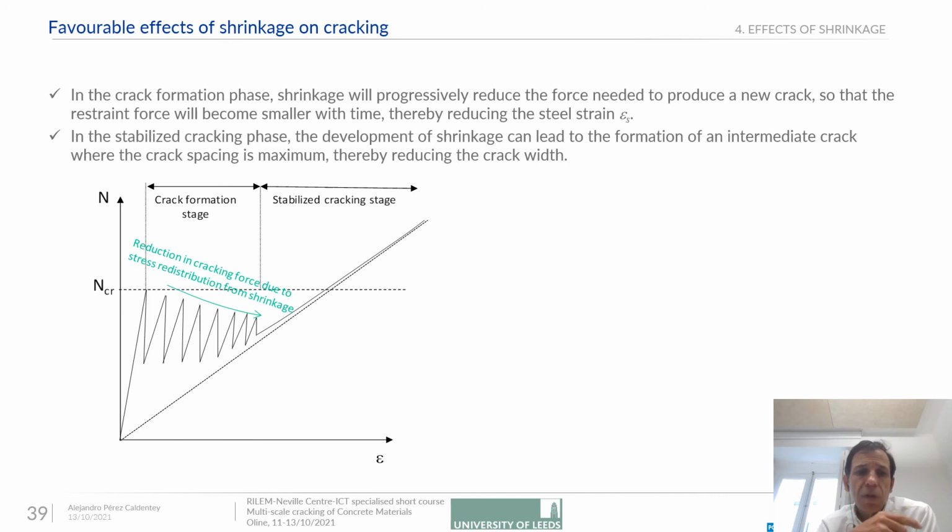And then there's another effect regarding the stabilized cracking phase, which is that the development of shrinkage will also lead to increased stresses between cracks, which would actually reduce the transfer length. And therefore you have two cracks which are spaced 2 times the transfer length. Due to the effect of shrinkage, you get a new crack in between.